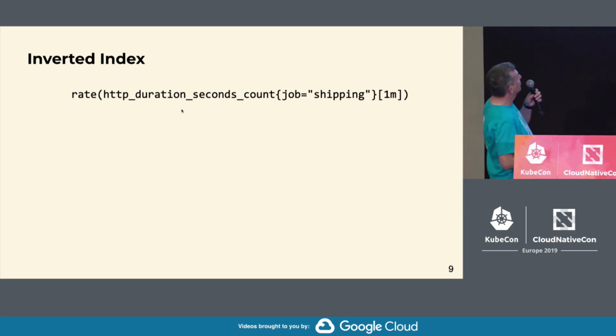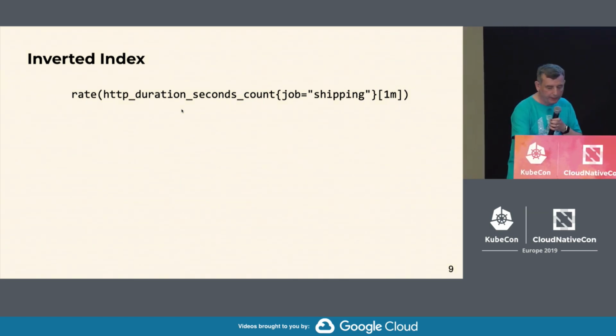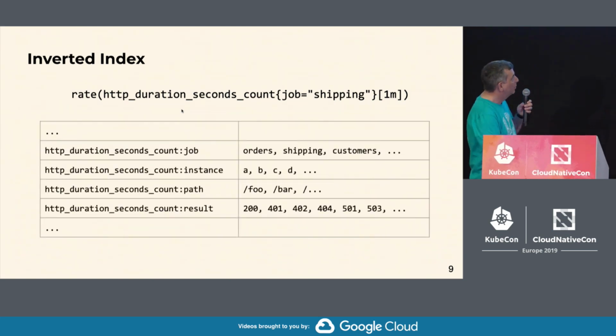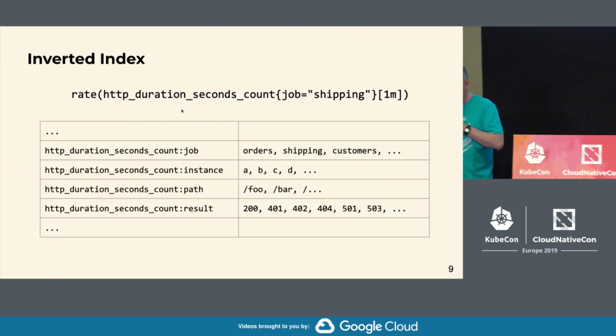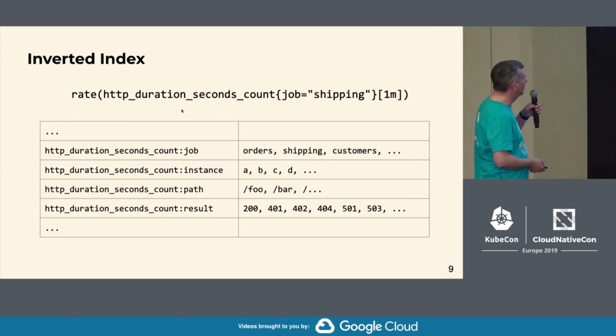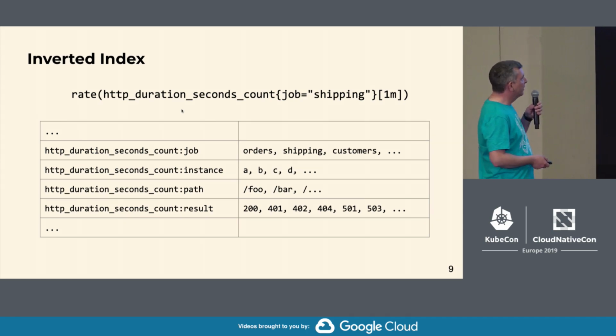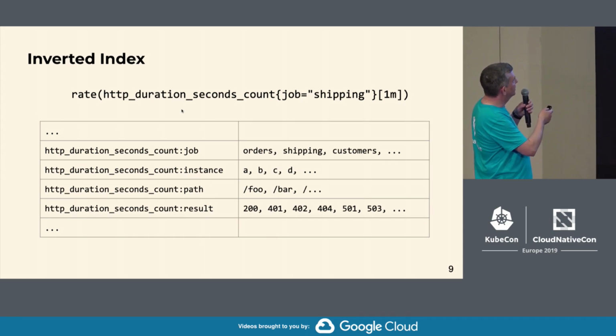So there's a query. How do we answer that query? We have an inverted index. So this is a very standard technique in NoSQL databases. The basic idea is that the metric has a name, and we're querying on one label, which is our shipping job, just for example's sake.